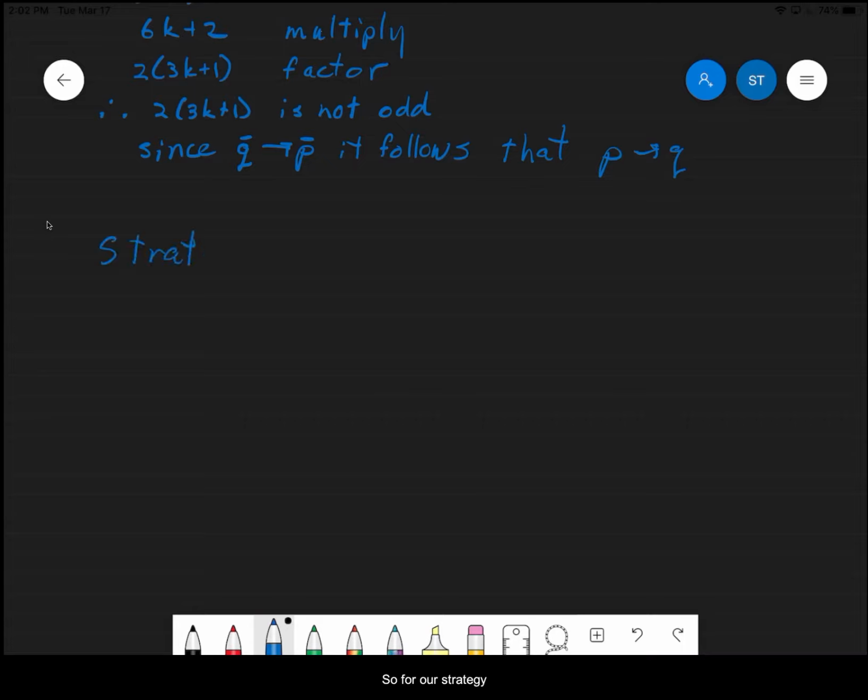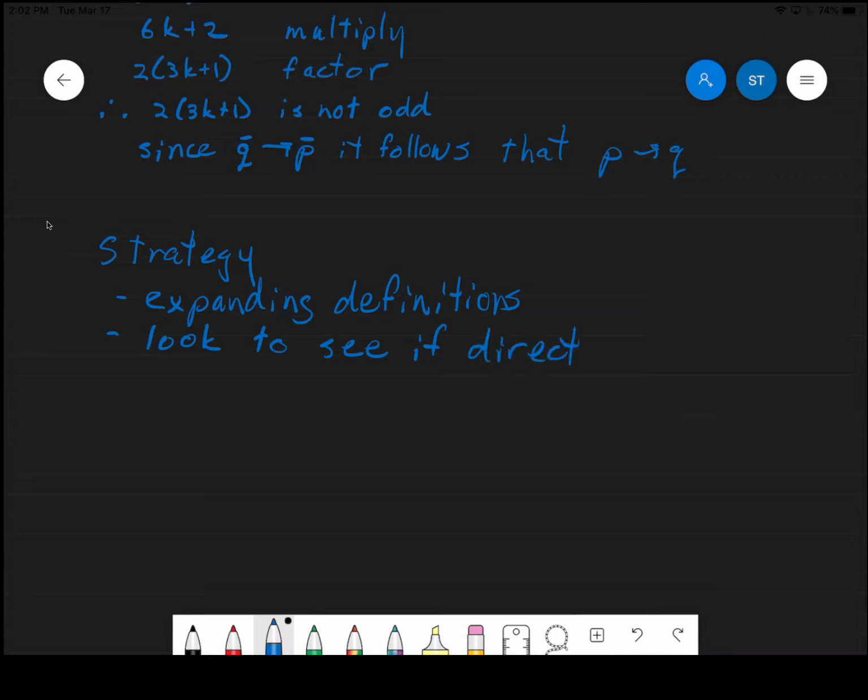So for our strategy here, so far we are expanding definitions, we look to see if a direct method is promising, and then we look to see if indirect is promising.